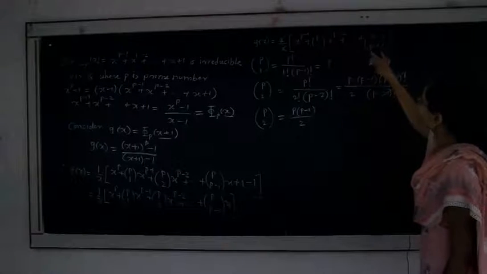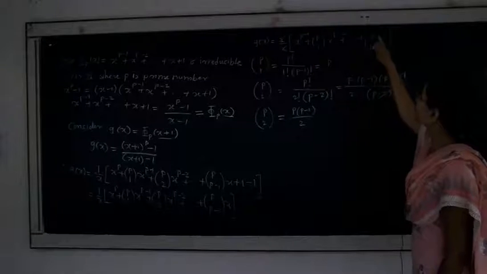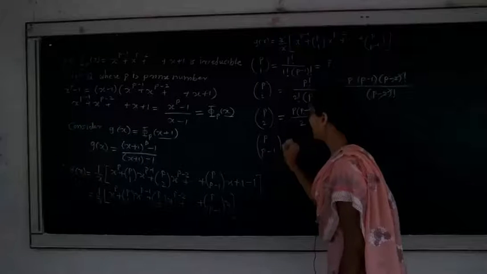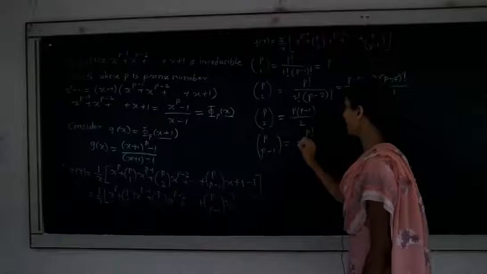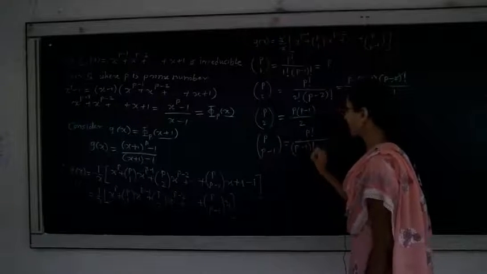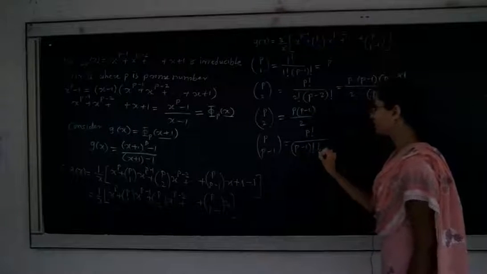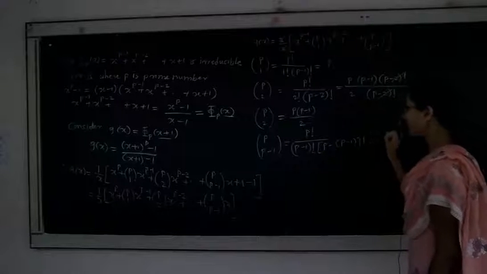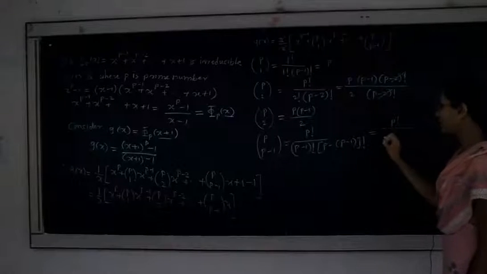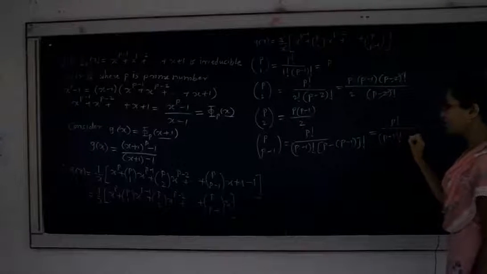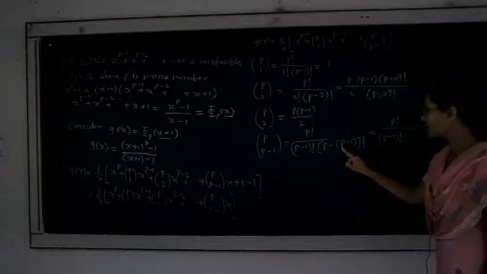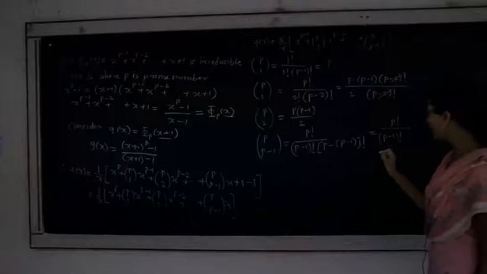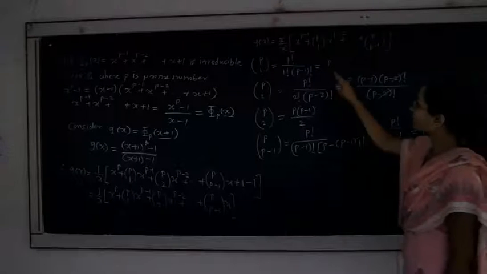The last coefficient of the polynomial g of x is p choose p minus 1. p choose p minus 1 is equal to p factorial upon p minus 1 factorial into p minus (p minus 1) factorial, which is equal to p factorial upon p minus 1 factorial into, minus p plus p cancelled, 1 factorial is there, and 1 factorial is 1, which is again p.